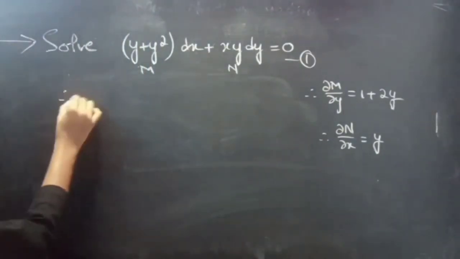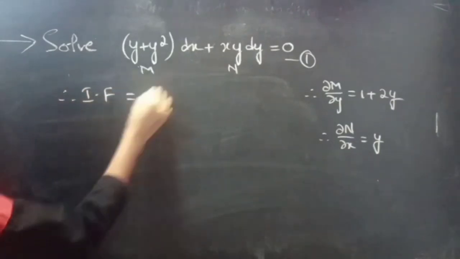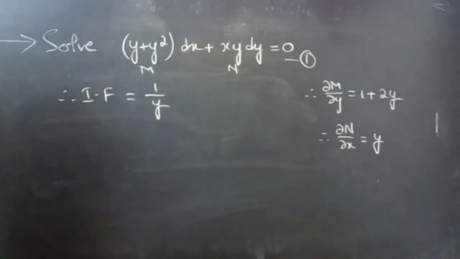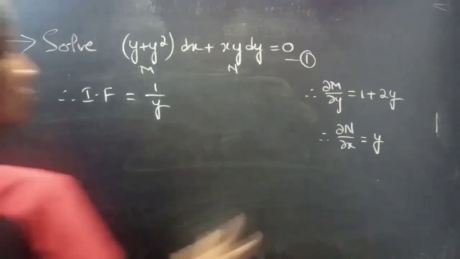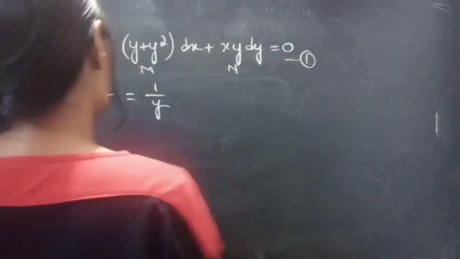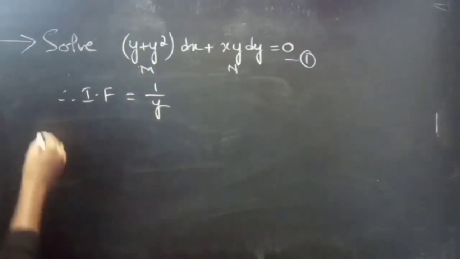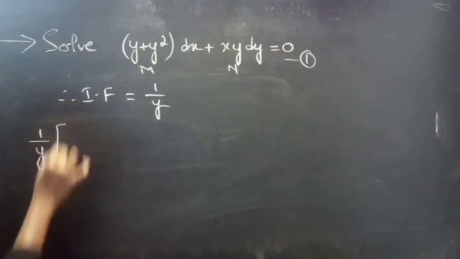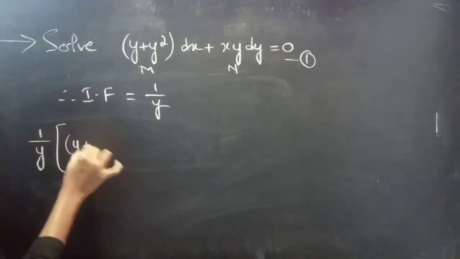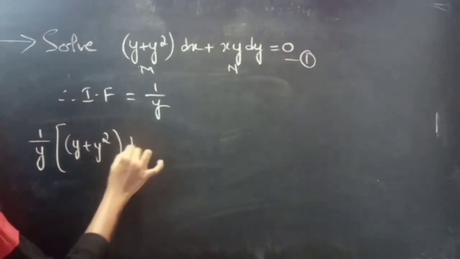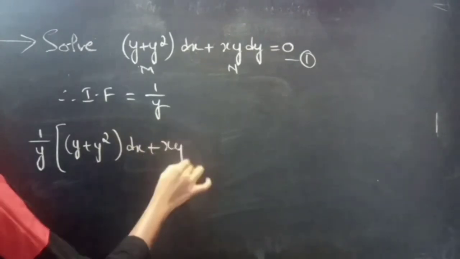Therefore, the integrating factor is equal to 1 by y. Now, we can reduce the given equation to an exact equation by multiplying it with this integrating factor. 1 by y times the given equation is an exact equation.